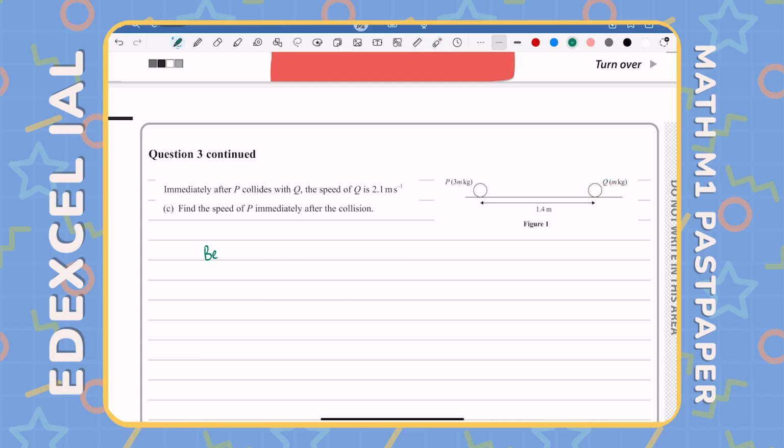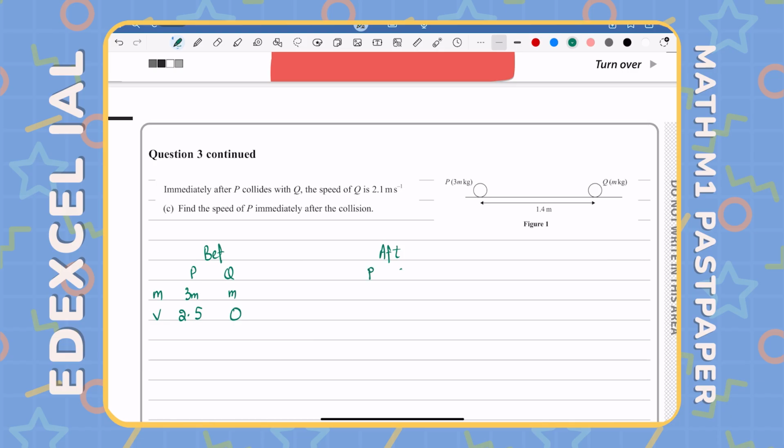Now with questions like these, I have a specific way of solving them. I like these before and after columns. So we have two objects, one is P, one is Q, with the mass and the velocity. The mass of P is 3m, the mass of Q is m. The velocity right before collision was 2.5, and Q was stationary, so its velocity was 0.